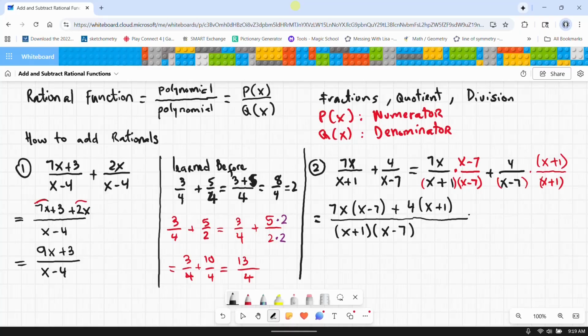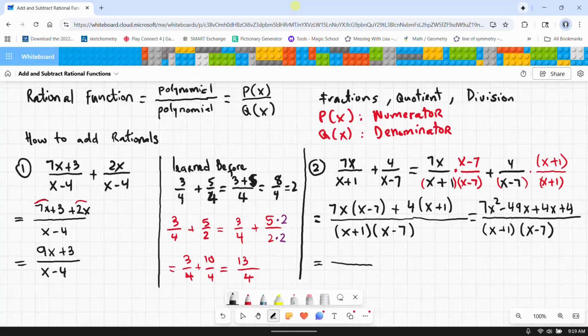We're going to multiply this out. This is going to be a little bit long now. So I'm going to have 3x squared minus 49x plus 4x plus 4.